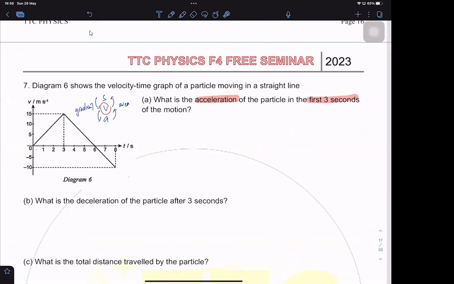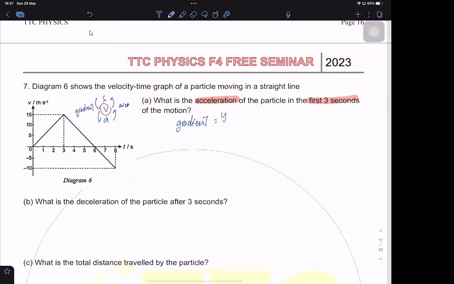So where do you have to go? Go down. So that means you need to find the gradient for the first 3 seconds. This gradient, basically. Acceleration is the gradient. And you know how to calculate gradient, right? y2 minus y1 over x2 minus x1.